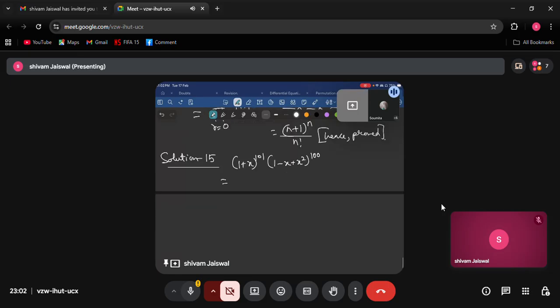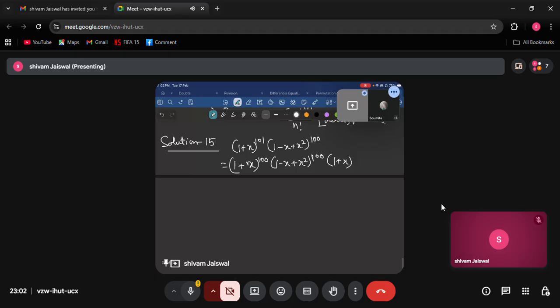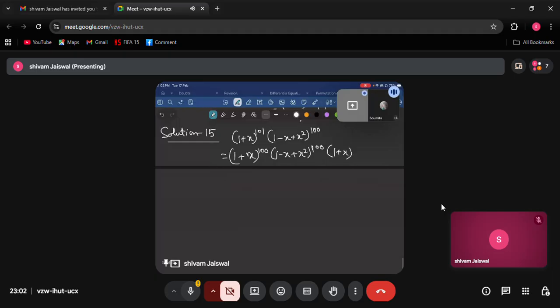So this becomes 1 plus x whole to the power 100 into 1 minus x plus x square whole to the power 100, multiplied by 1 plus x. Right, tell me, are you getting it?